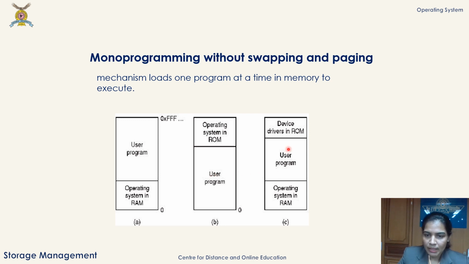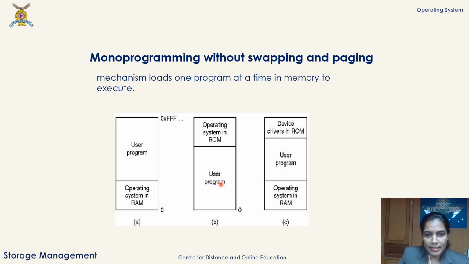In the third scenario, we can divide the portion. The device drivers may come in the upper part. The user program will occupy the part in between, and at the lower side we can load the operating system inside the memory. So here relocation will not be an issue because the user program is loaded into the same memory location at one time.